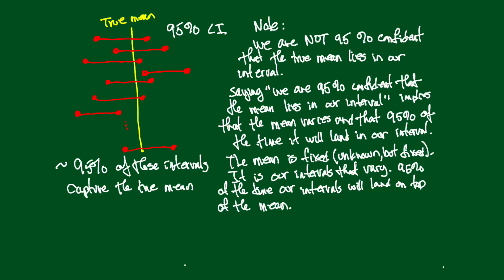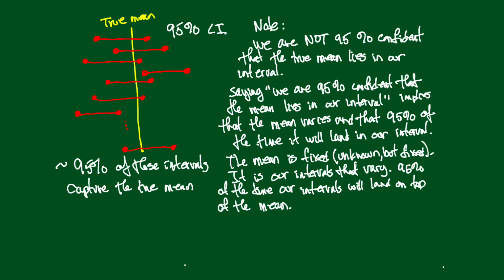I just want to make an important note here. We've got to be careful how we say it. It's a subtle difference. We are not 95% confident that the mean will lie in our interval. I don't want to say I'm 95% sure that the average cholesterol is in my interval. That makes it sound like the mean is bouncing around when actually it's not.